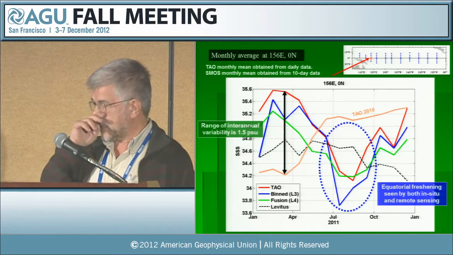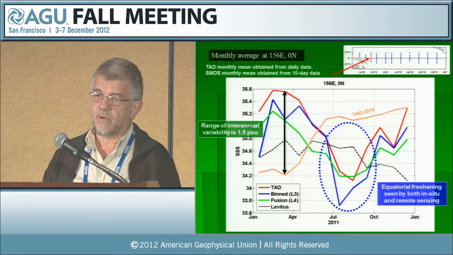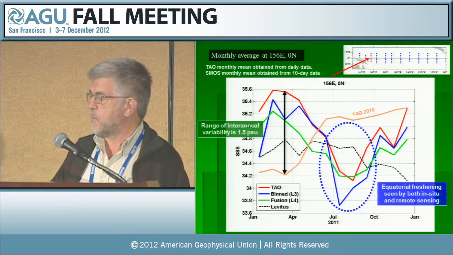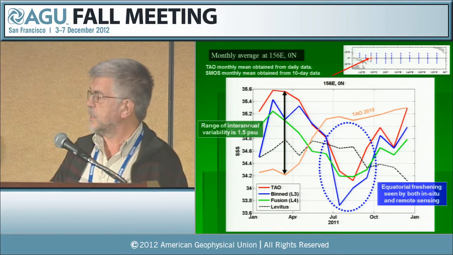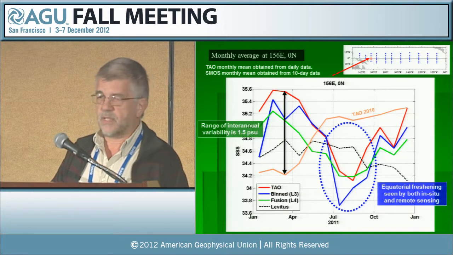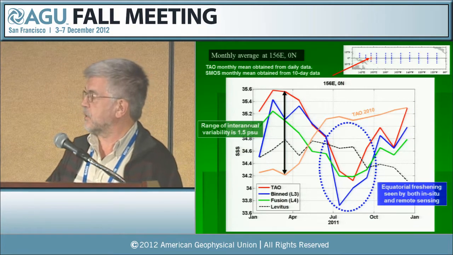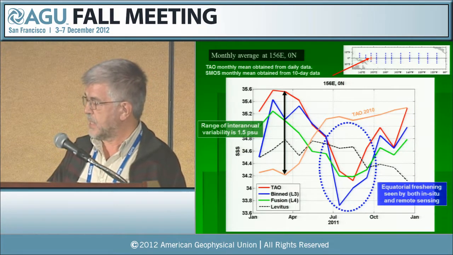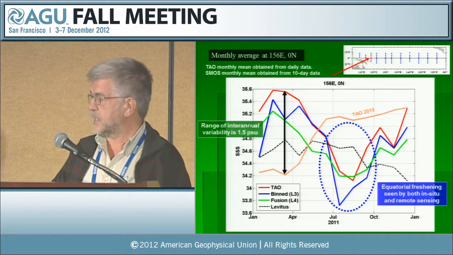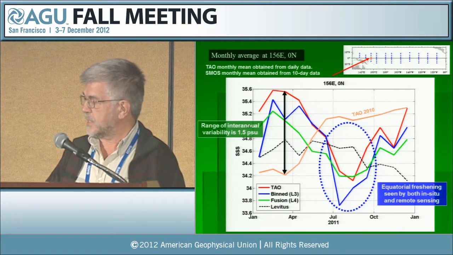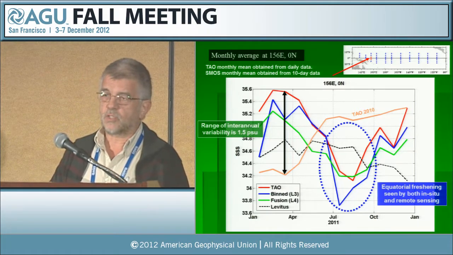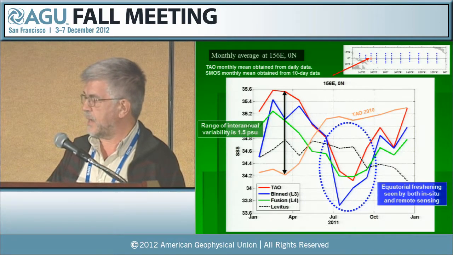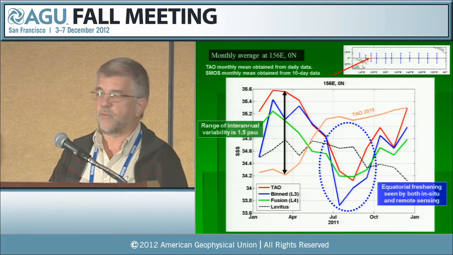So if we examine the temporal variability, here we have monthly averages of SMOS data compared in this case to TAO surface data in one precise location as indicated in the map. In red we have the TAO time evolution, in blue we have the SMOS BINET data, and in green we have the level 4 SMOS.